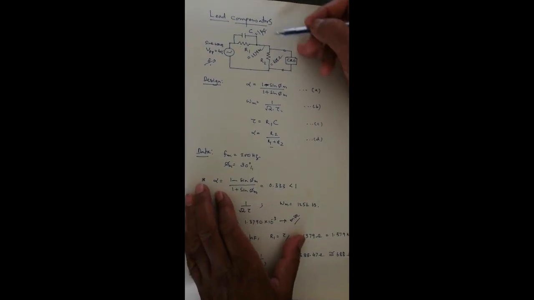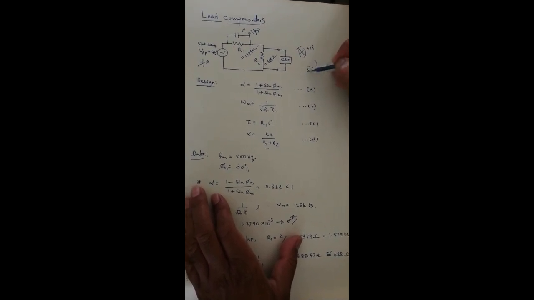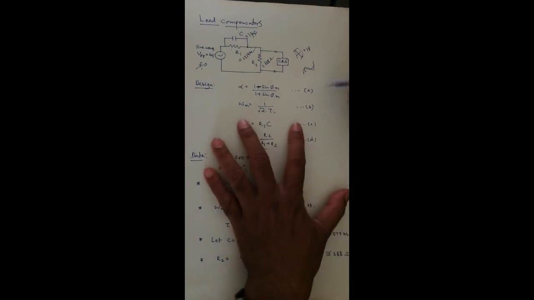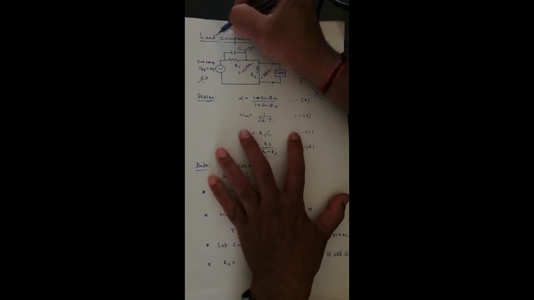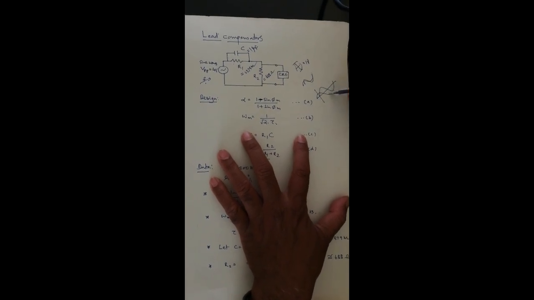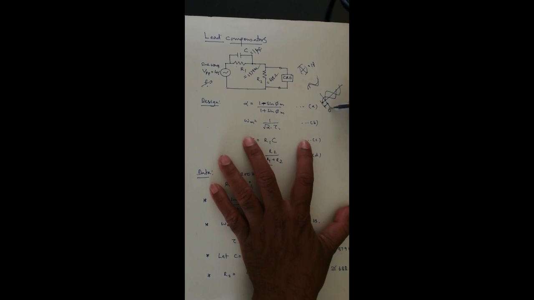Vary the frequency and note down the peak to peak value of your output and the phase shift between them. This is how it looks: if this is your input, since output leads the input, output comes first and then the input.